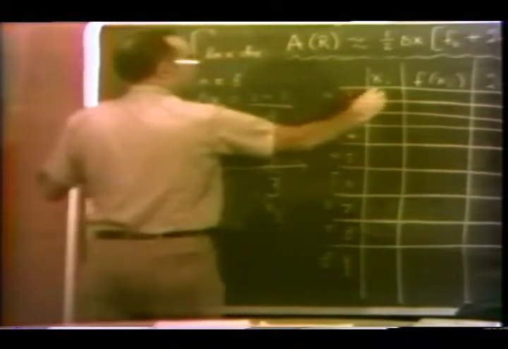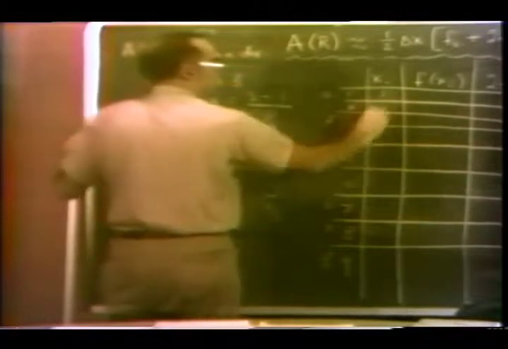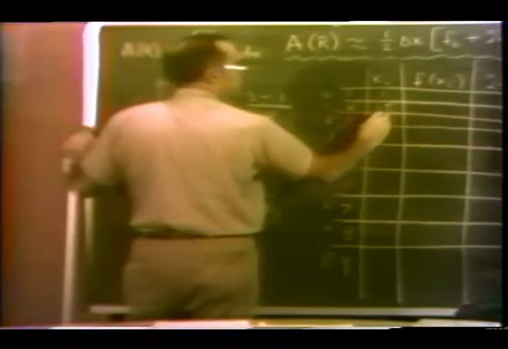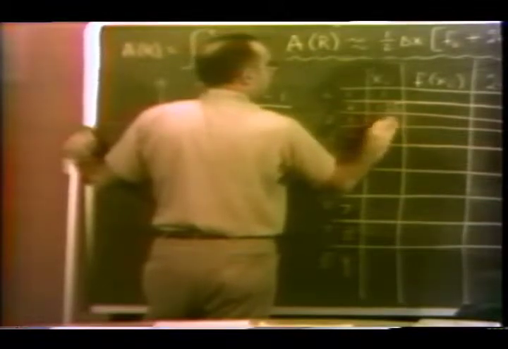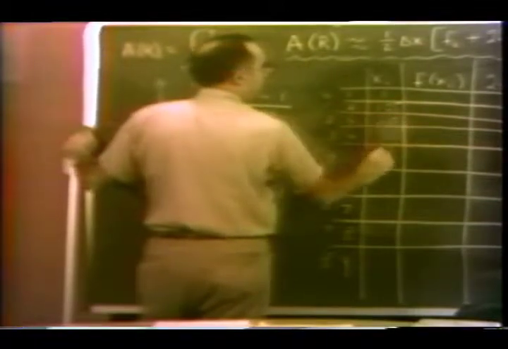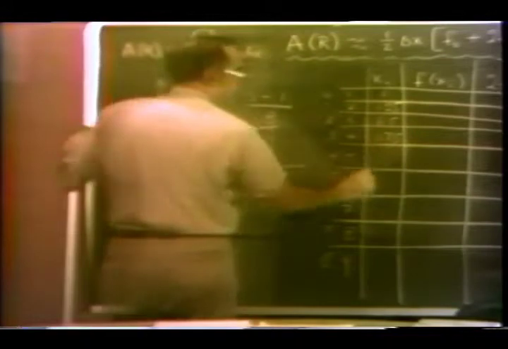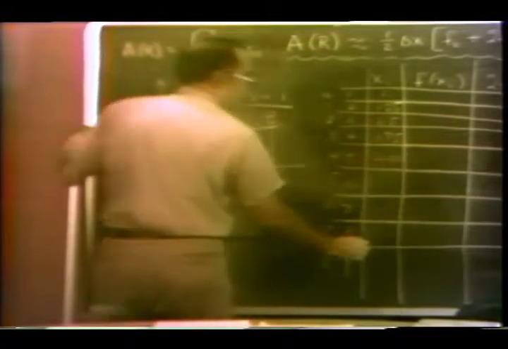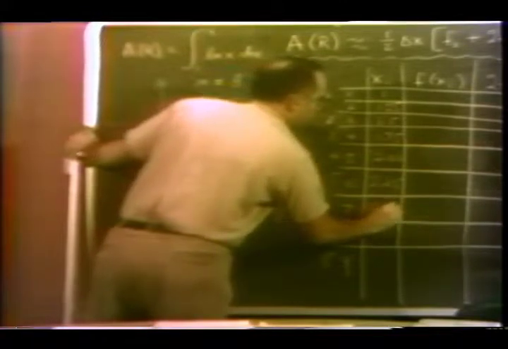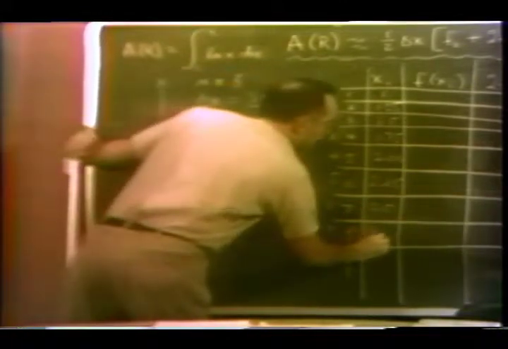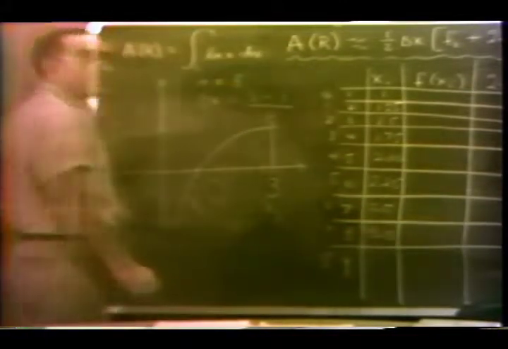So our x values would be, first of all, 1, 1.25, 1.5, 1.75, 2.00, 2.25, 2.5, and finally 3.